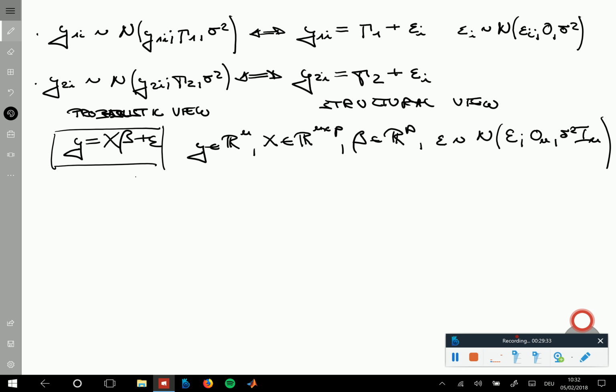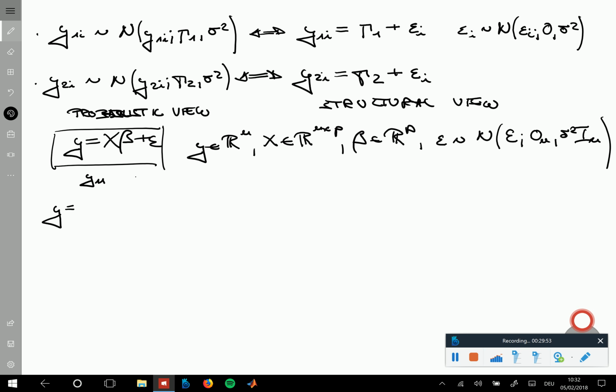First of all, we are thinking about the data, and as data we now have these two groups, but of course we can stack the data from the second group below the data from the first group. So we can write down a data vector as follows.